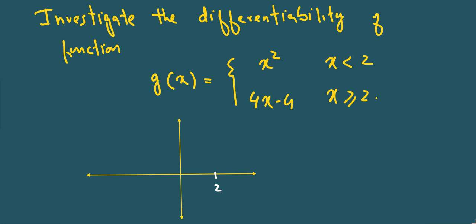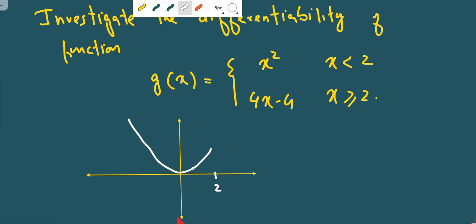This is a curve of x square, passing through the origin, and it is used for x lesser than 2. Then there is the function 4x minus 4. So at 2 you will again get 4.